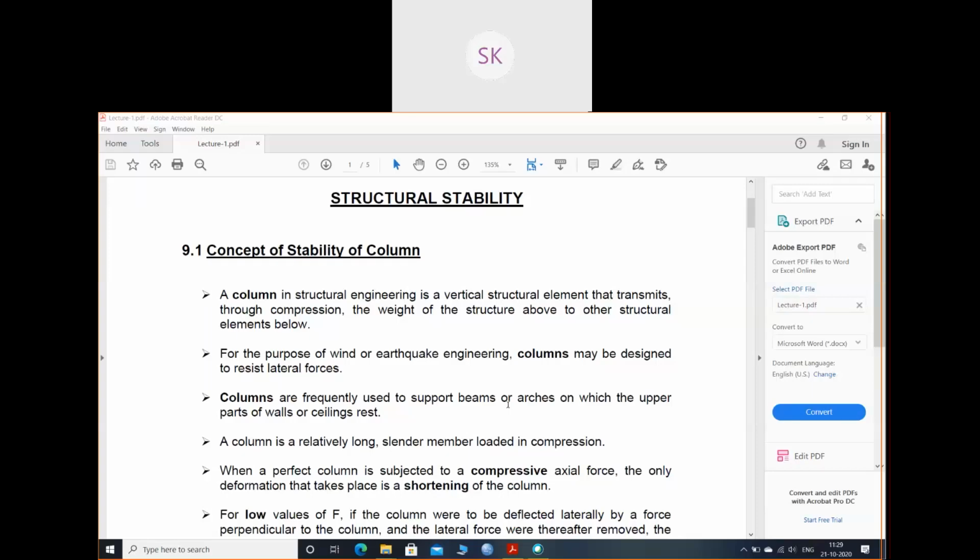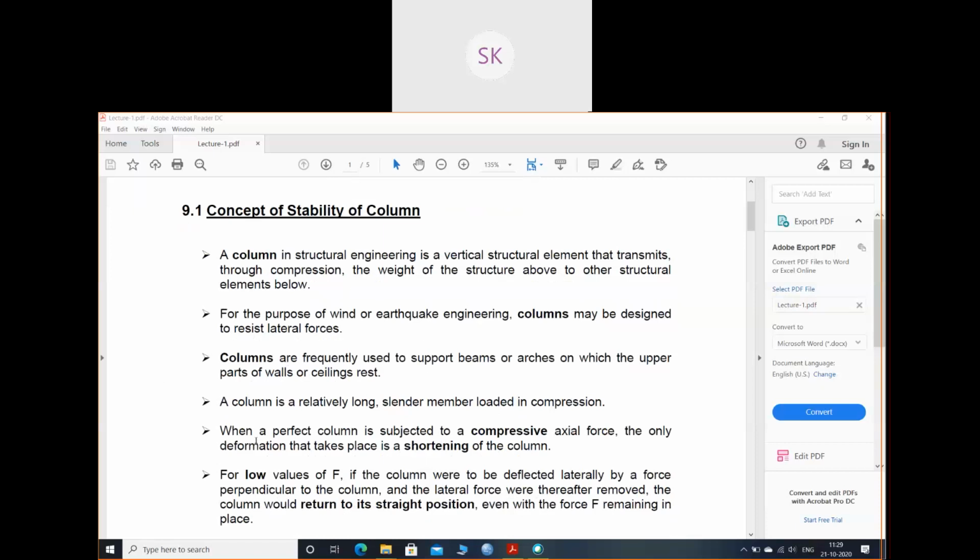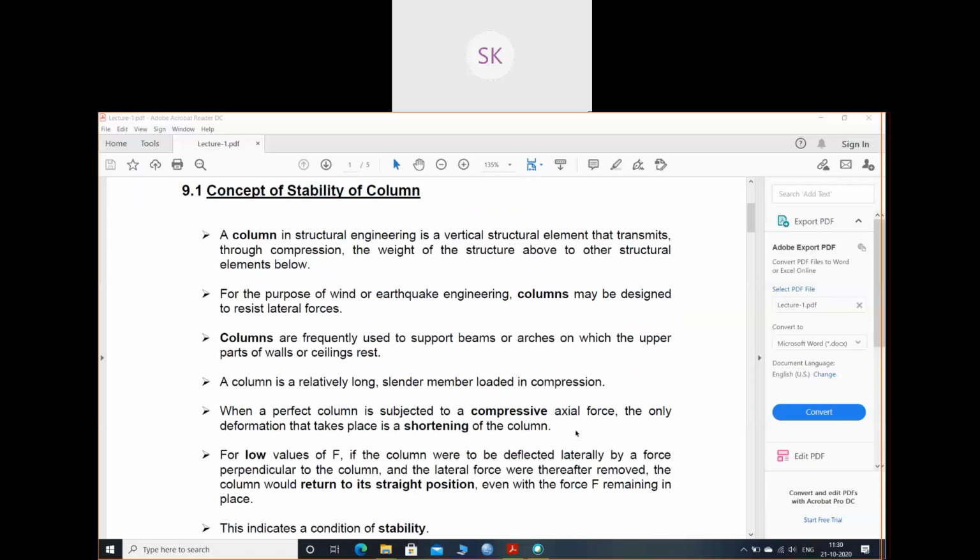Then a column is a relatively long, slender member loaded in compression. A beam is in compression plus tension, but a column is always in compression. When a perfect column is subject to a compressive axial load, the only deformation that takes place is the shortening of the column. When you apply an axial load to the column, your column shortens.